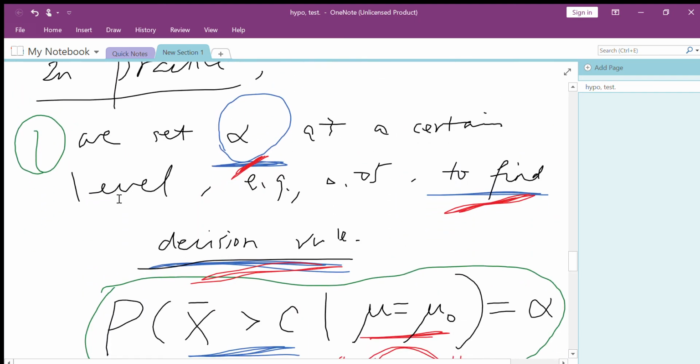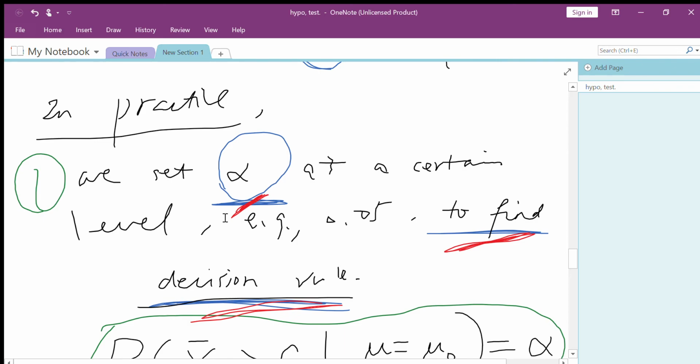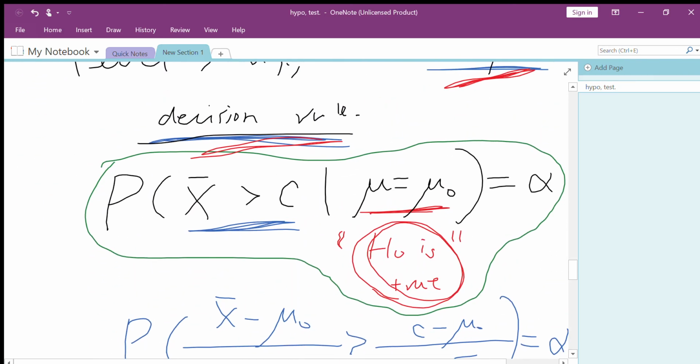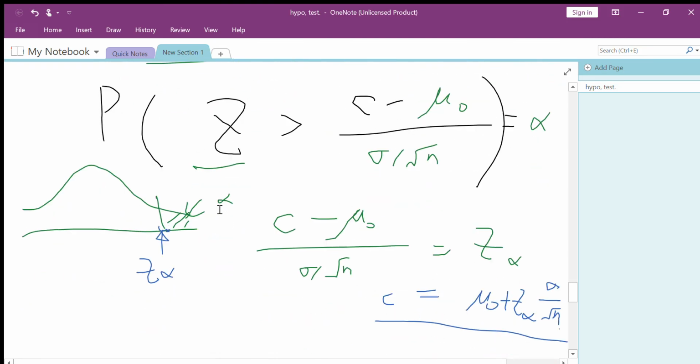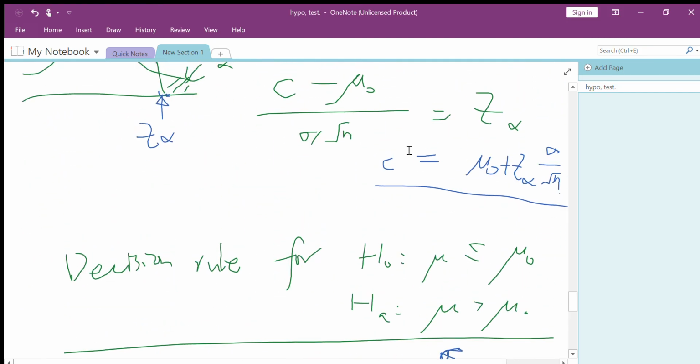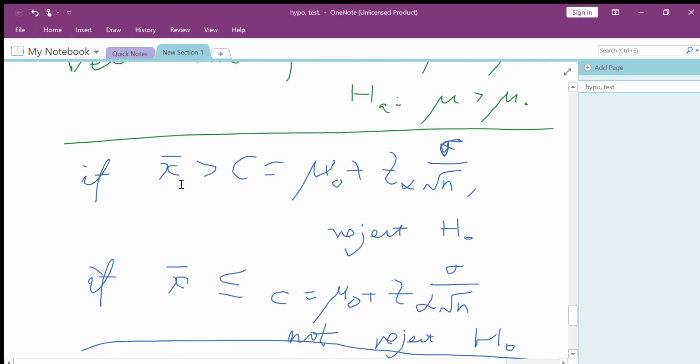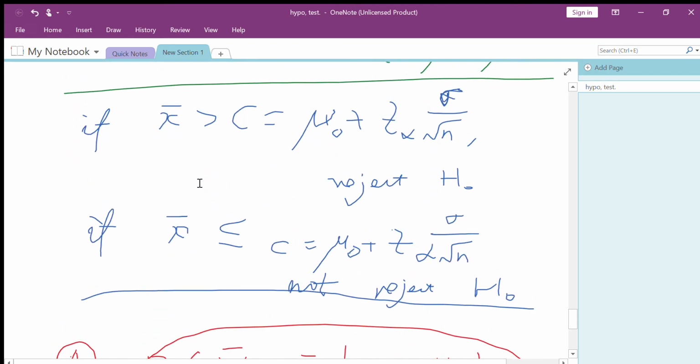How to utilize alpha to find the decision rule? We use this formula, and we can also use the standard normal transformation. We can find C. Then for the same hypothesis testing problem, the decision rule is as follows.